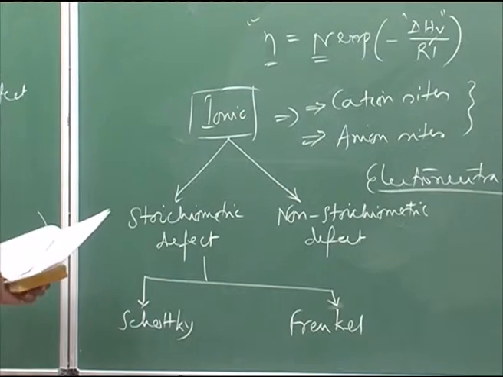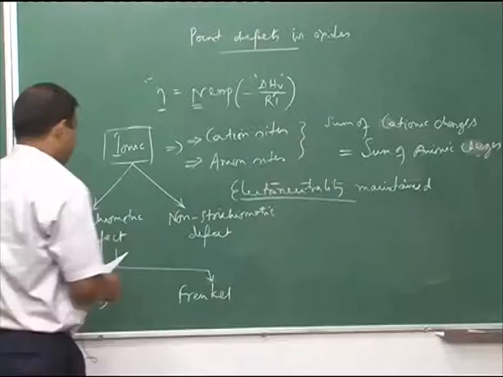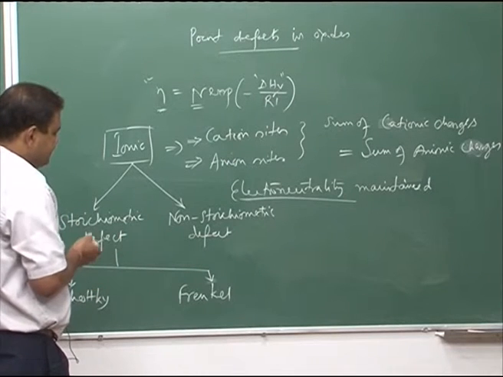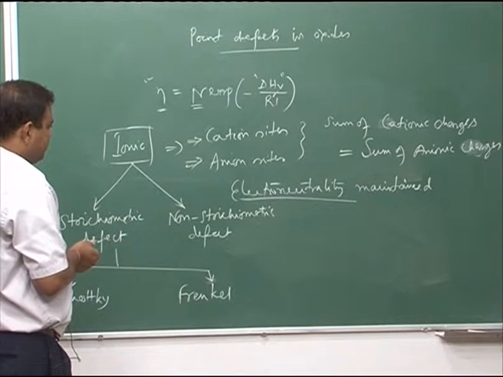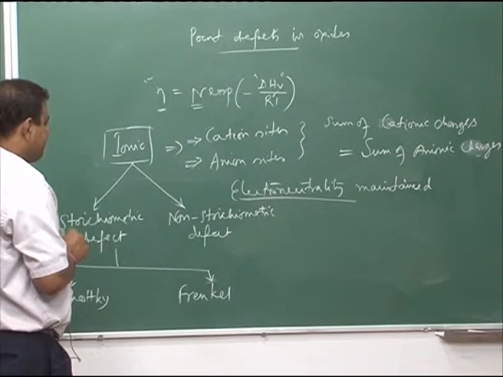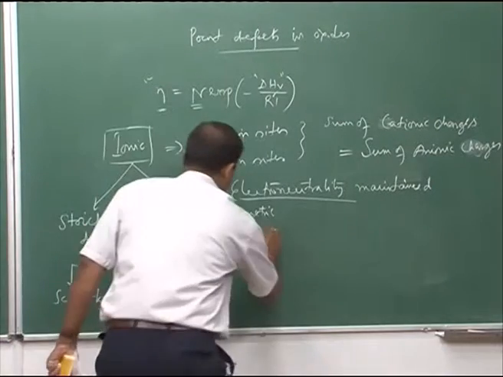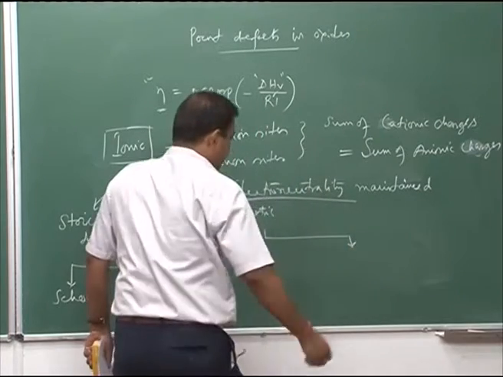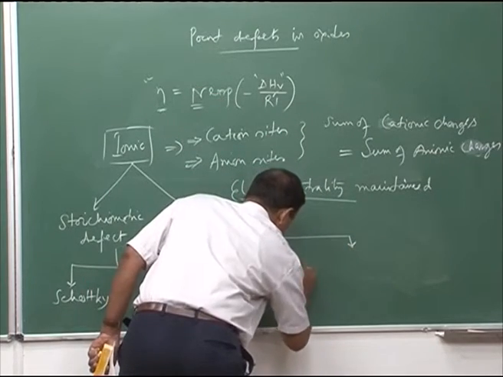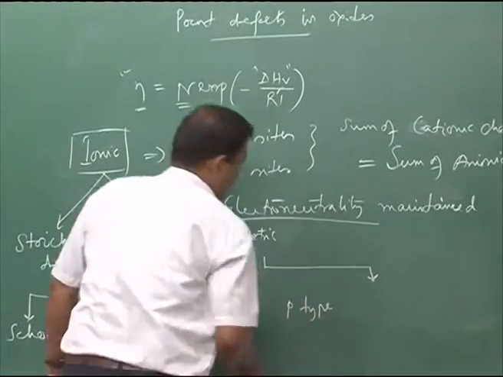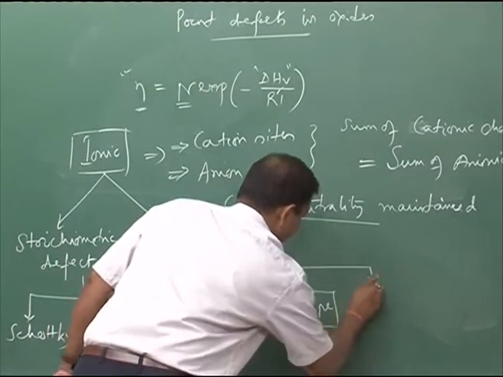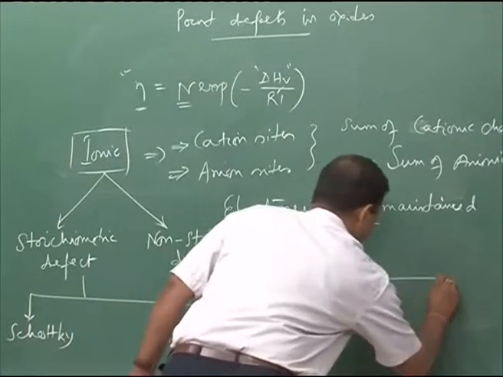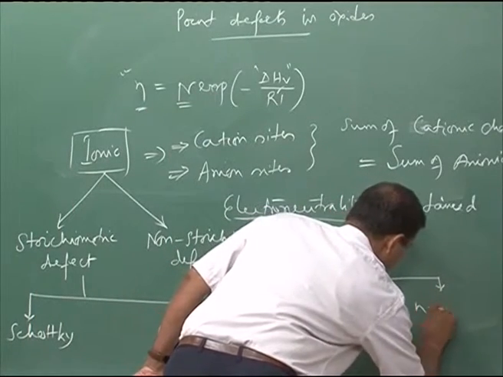Now, in the case of non-stoichiometric defect, we have many varieties. Out of that, we would only consider two major varieties: one is P type oxide, and the other one is N type oxide.